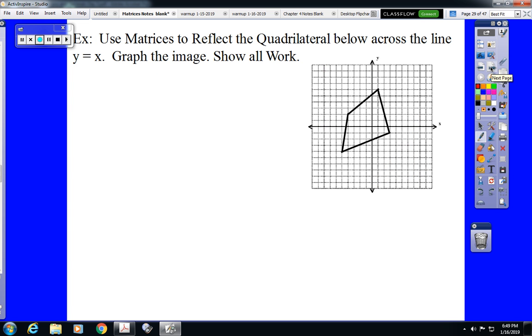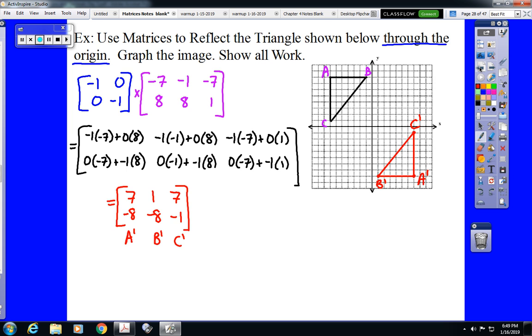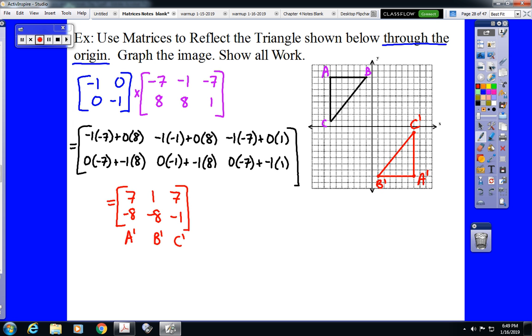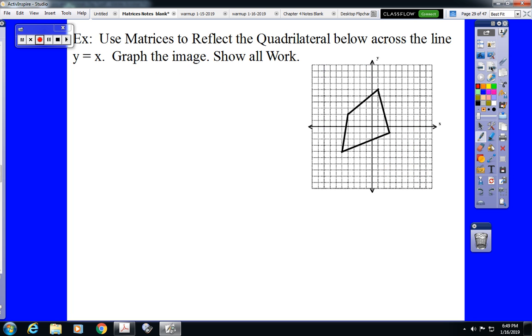So here we're asked to reflect the quadrilateral across the line y equals x. So we go to our rules and we find the matrix for y equals x, which is 0, 1, 1, 0. And we start with that matrix. Again, that is 0, 1, 1, 0.